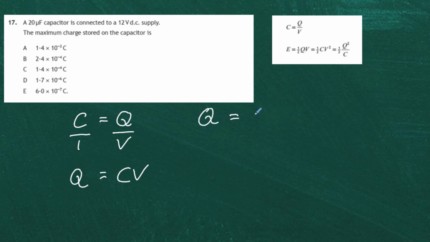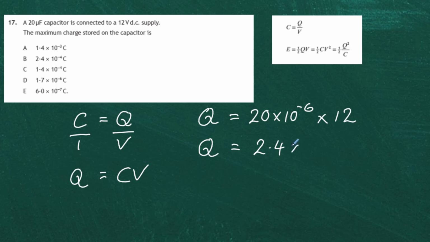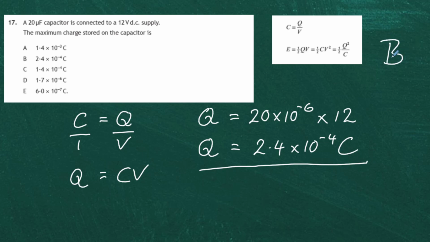C is going to be 20 microfarads. A microfarad is times 10 to the minus 6, so we've got 20 times 10 to the minus 6, multiplied by the voltage, 12 volts. So Q, measured in coulombs, will give you an answer of 2.4 times 10 to the minus 4 if you do it on your calculator. And remember, it's coulombs for charge. So our answer for question 17 looks like it's going to be answer B, 2.4 times 10 to the minus 4 coulombs.